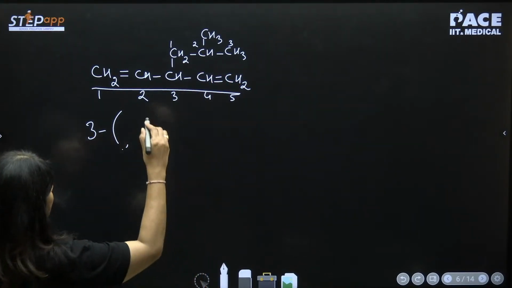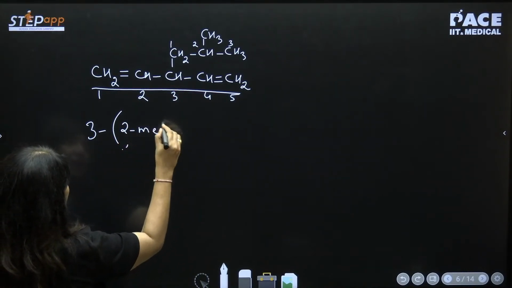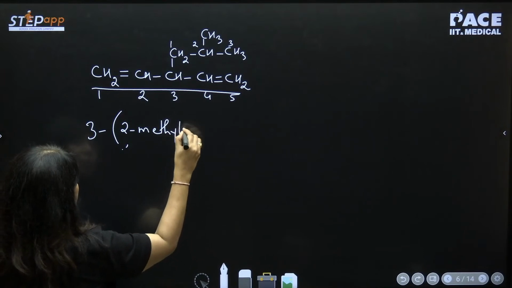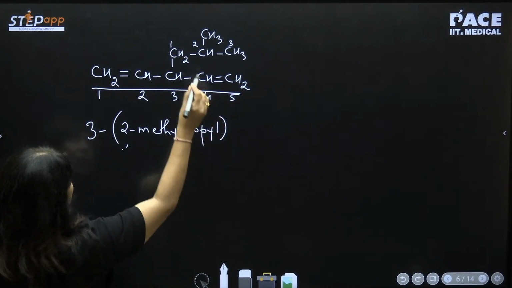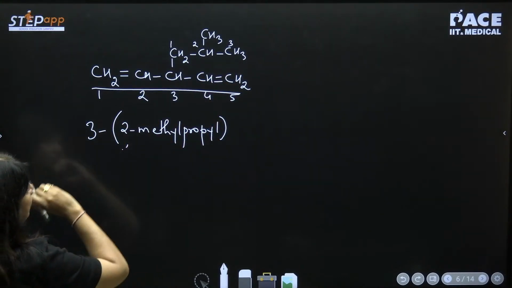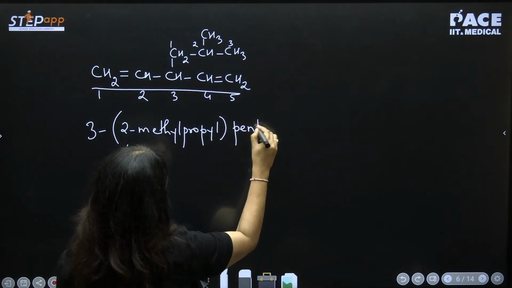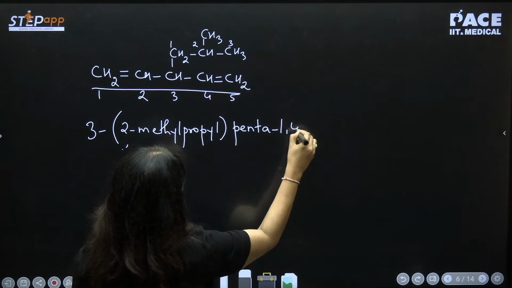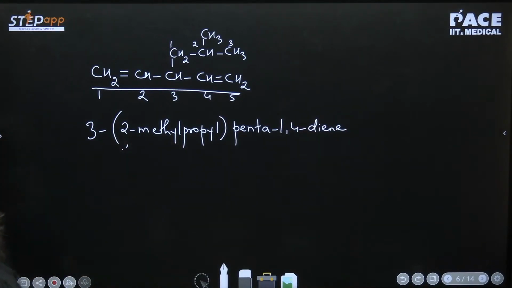On the second carbon of propyl, I have a methyl group, so it is 2-methyl propyl. A 2-methyl propyl group is present on the third carbon of the parent chain. Parent has 5 carbon. So it is penta-1,4-diene.